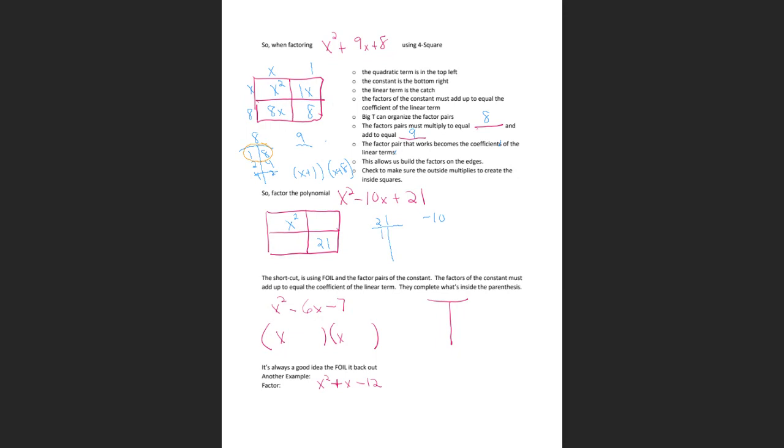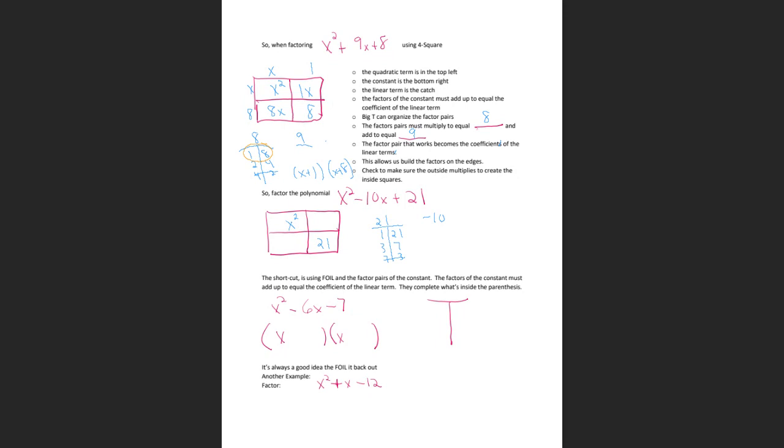So 1 and 21. 2 doesn't go into 21. 3 does go into 21 7 times. 4 doesn't. 5 doesn't. 6 doesn't. 7 does, but that's repeating. So luckily we only have two different factor pairs. But which one has the potential of giving me a negative 10?